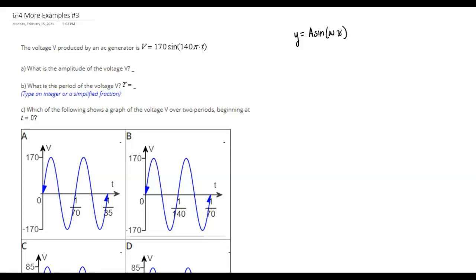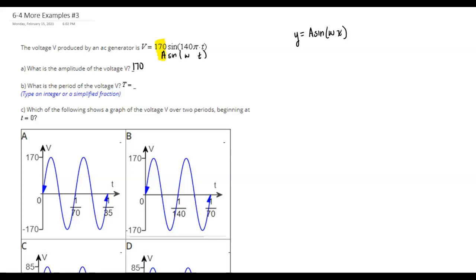All right, so we need to find out what our amplitude is. Well, if we match it up, we have A sine omega t. Not too bad. So right now, amplitude is directly shown right here as 170.